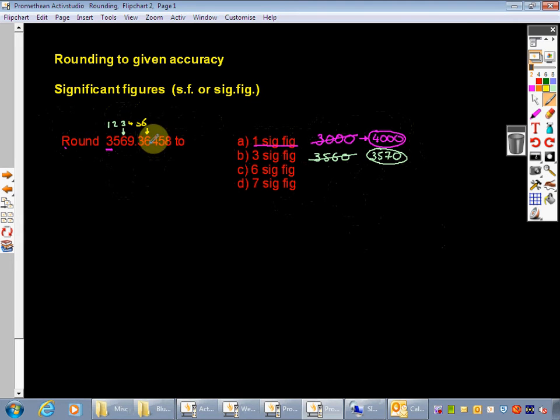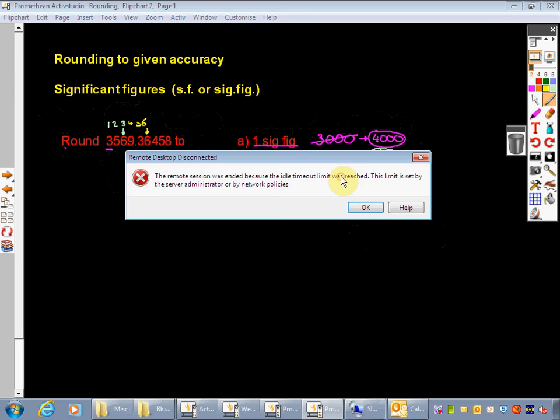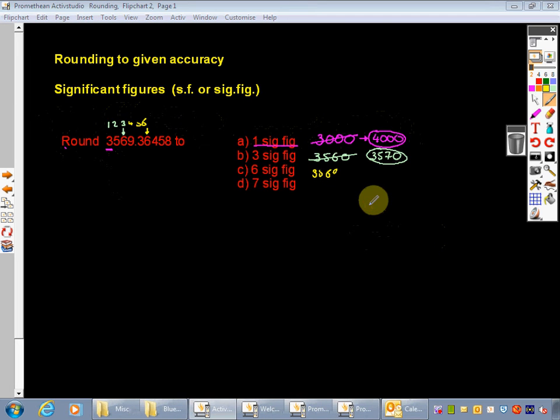So it's between 3,569.36 and 3,569.37. Which one of those two is it nearer to? Well, 364 is nearer to 36 than it is to 37. So I'm going to go for this one this time and cross out that one.